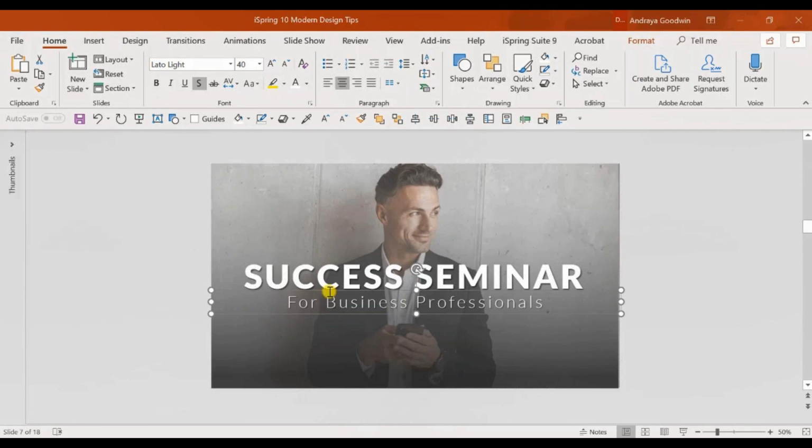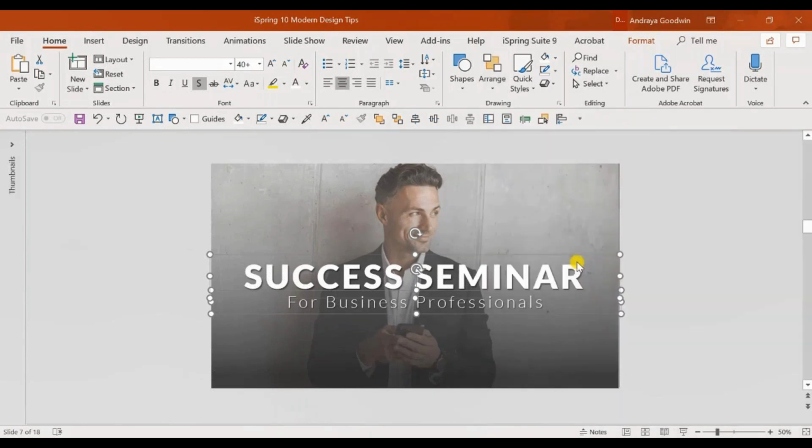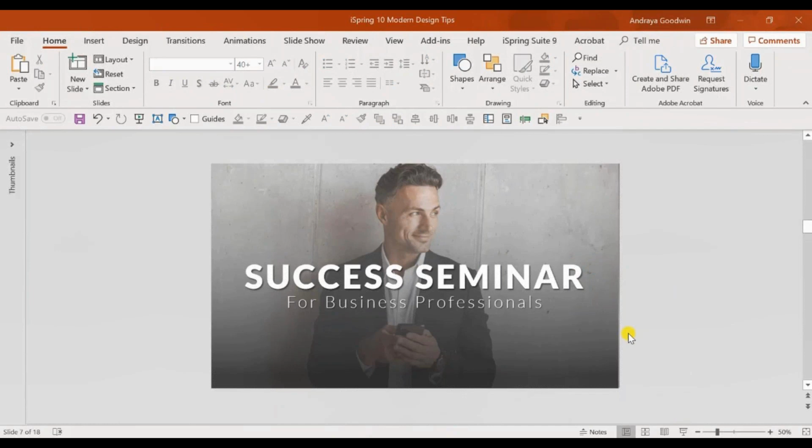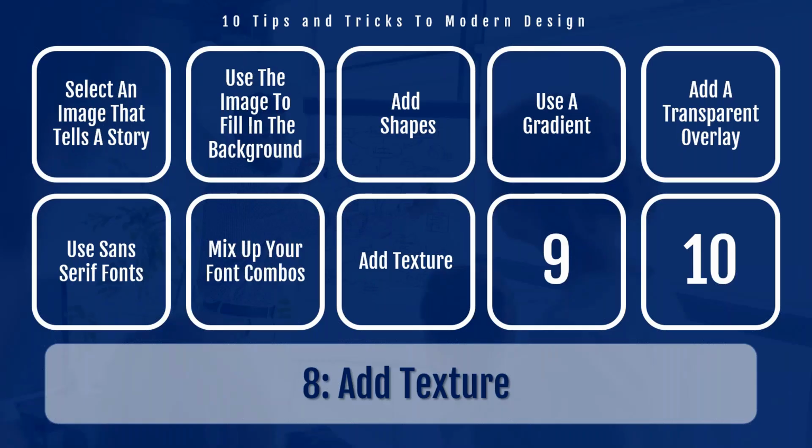All right, let's select both of these and make sure they're perfectly aligned. Awesome. All right, looks pretty good, but I want to go ahead and actually move these both down. I think it'll help to balance out the overall image. Yes, wonderful. All right. So now moving on to step number 8, which is to add texture.